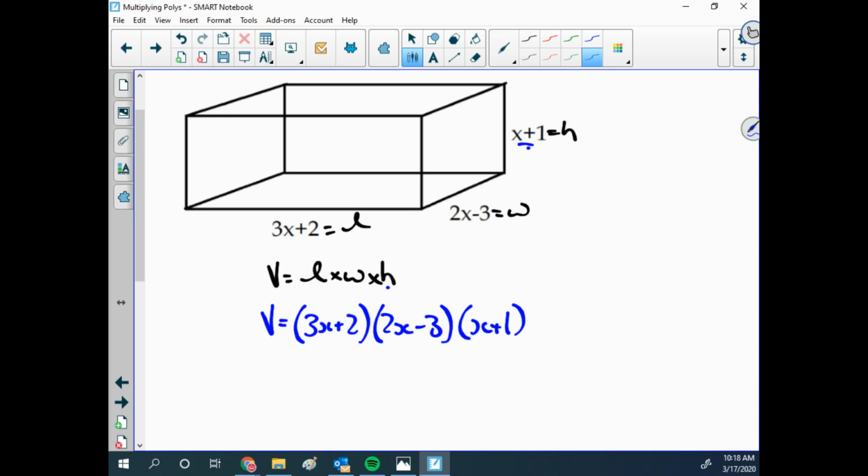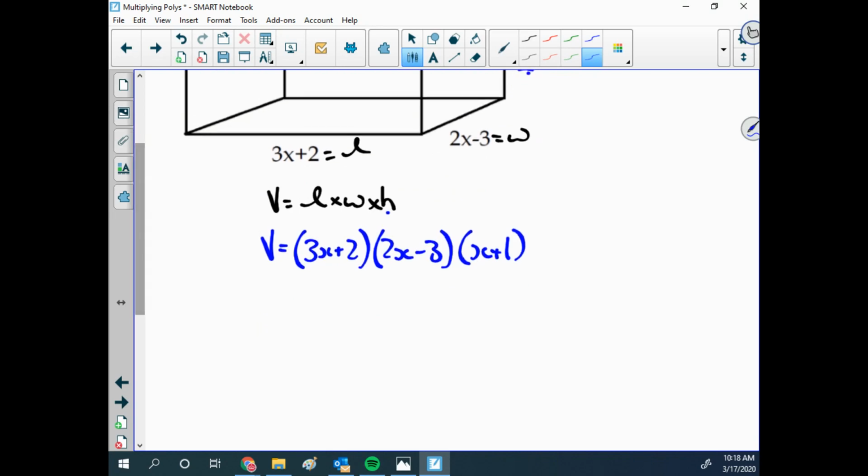Now, I can't multiply this out all at once. I need to take this step by step. So I'm essentially just going to ignore that even exists and multiply out these binomials. Multiply out 2 binomials first, because a lot of people will just try and do it all at once, and you can't do it. 2 binomials first.